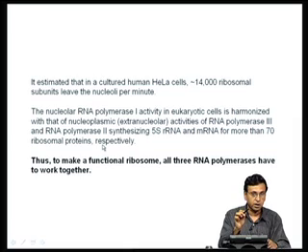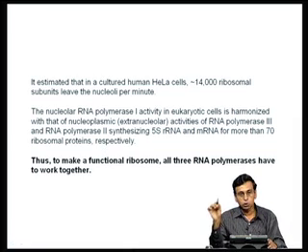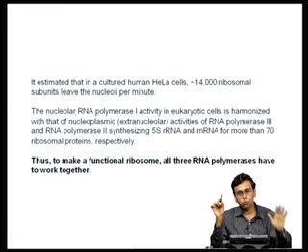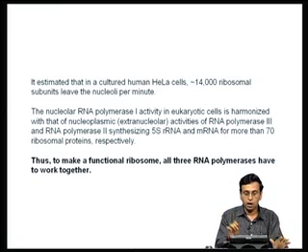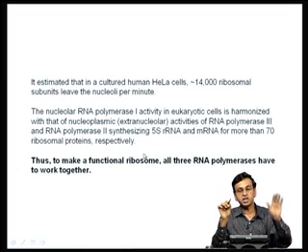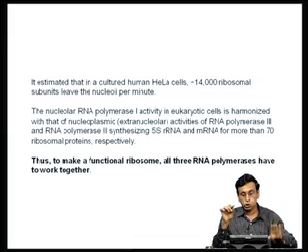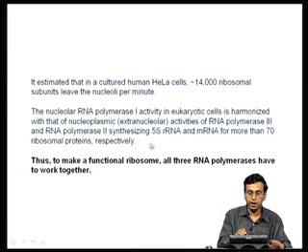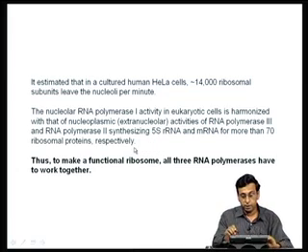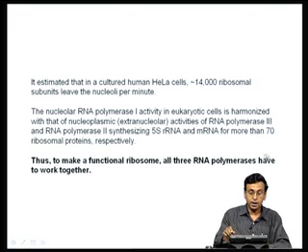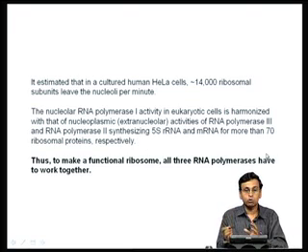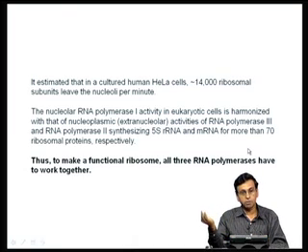This is also a very important point. If you want to make functional ribosomes, it is not just RNA polymerase I which is involved. It also involves RNA polymerase II and RNA polymerase III, because the ribosomes consist of not only 28S, 18S and 5.8S RNA, which are made from the ribosomal DNA, but also 5S RNA, which is made by RNA polymerase III, and at least 70 different ribosomal proteins have to combine with these ribosomal RNAs, and all these proteins have to be synthesized from messenger RNA.